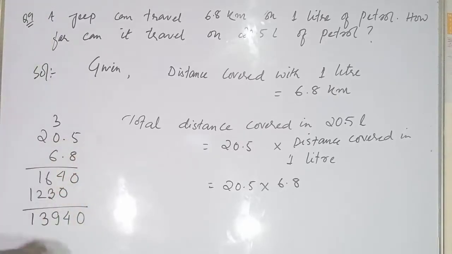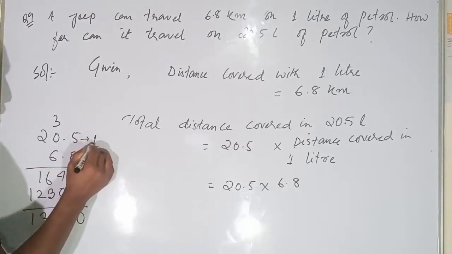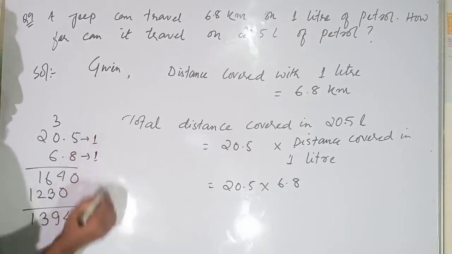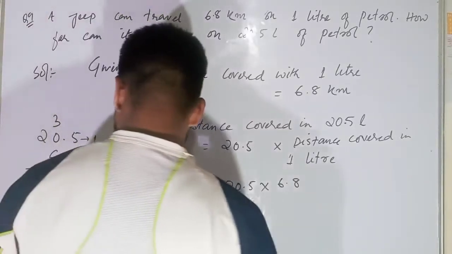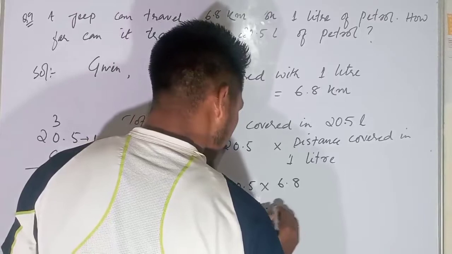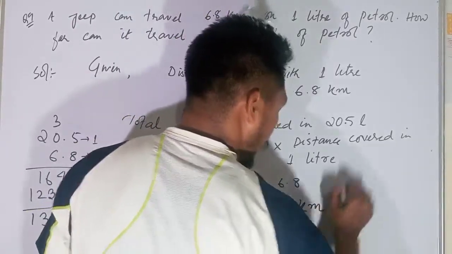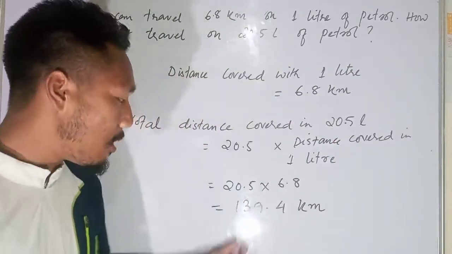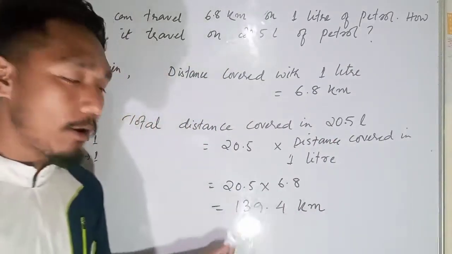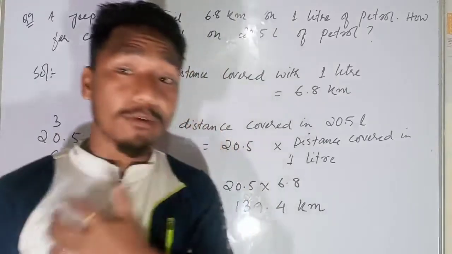Now after the point, how many numbers do we have? From here we have only 1 number, and from here also only 1 number. So total 2. So the point goes 2 places in front. How much distance does it cover? 139.4 kilometers it will cover with 20.5 liters.